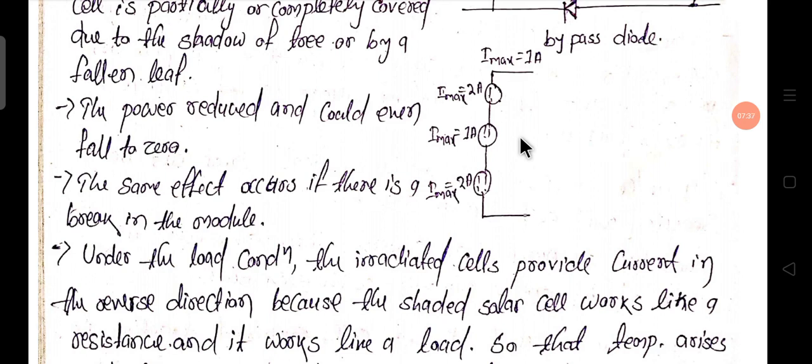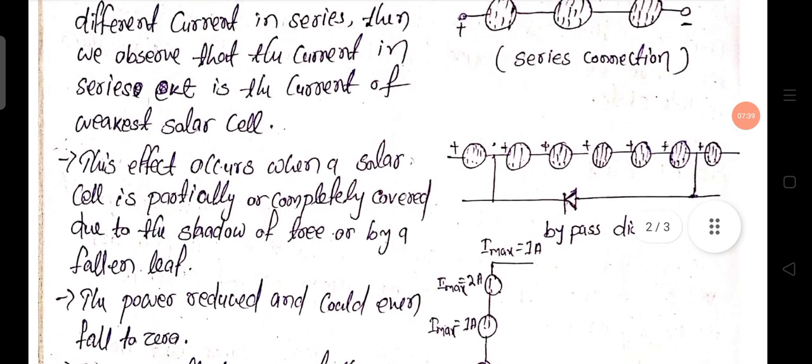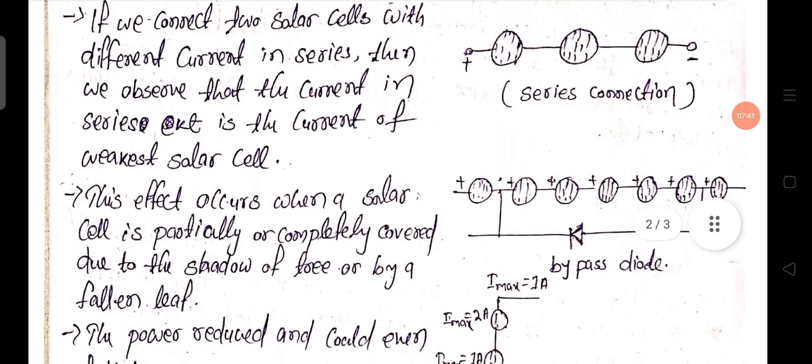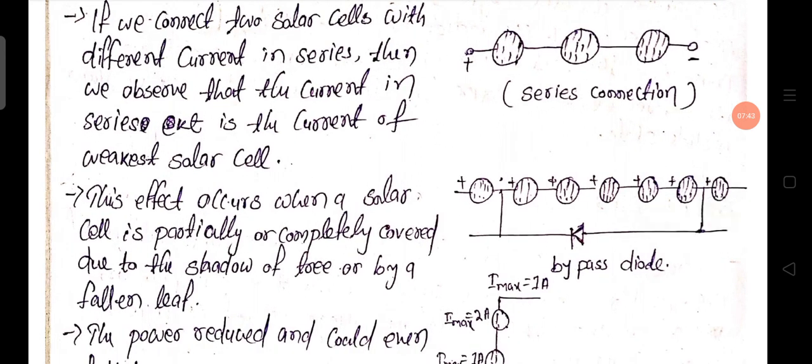That is the disadvantage. So always connect solar cells of the same current rating in series.